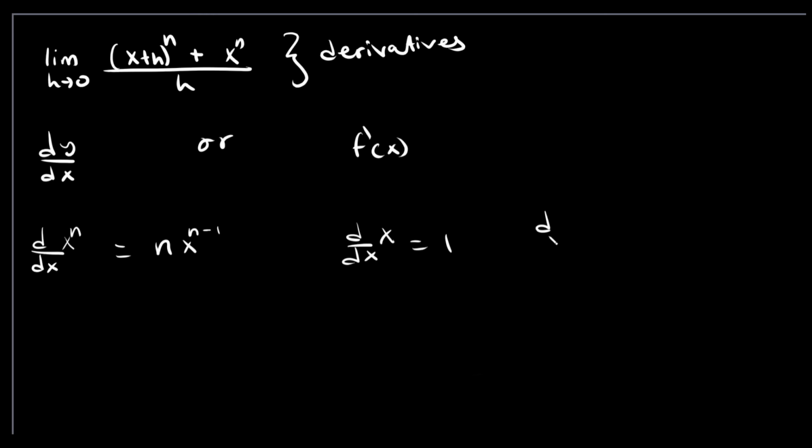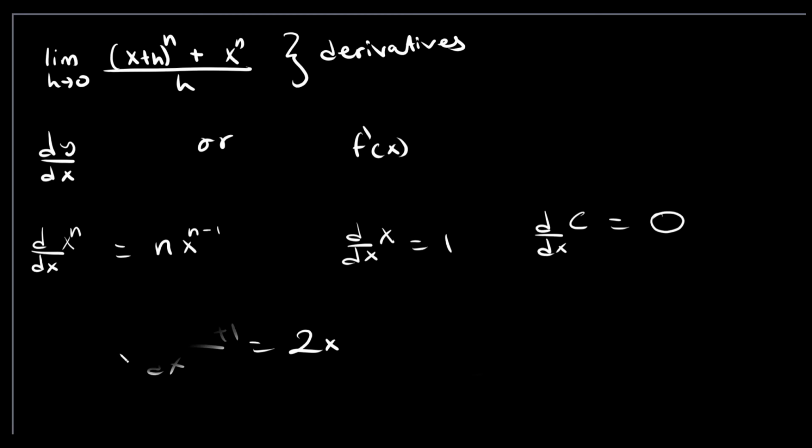Another thing you need to remember is the derivative of a constant is always 0. Remember when I did x to the power of 2 plus 1, and when I took the limit, no matter what I put for my 1, it's always going to cancel out, right? So it's going to give us 2x.